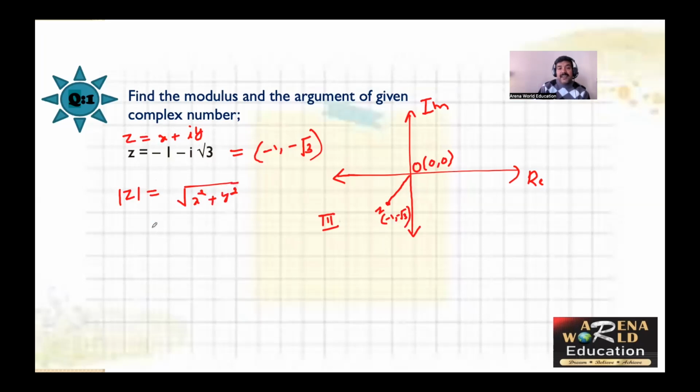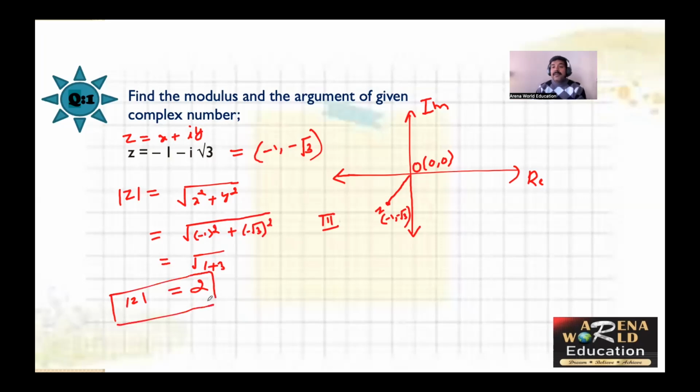This will be under root of (-1) square plus (minus root 3) square. This will become 1 plus 3, and under root 4 is 2. It means the modulus will be 2.